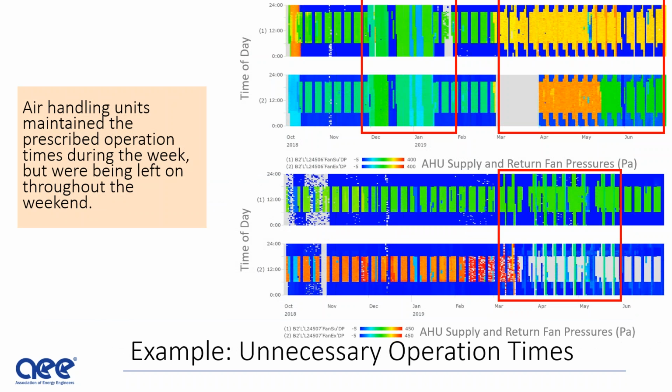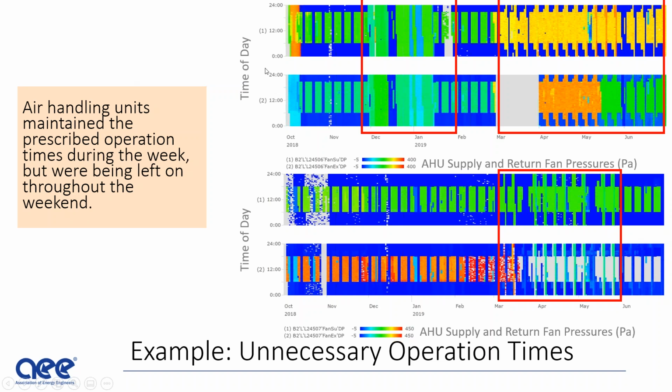In this case here, there's an air handling unit, or a couple of air handling units, and what we see here is a carpet plot, or a heat map, and the way to read it is picture an Outlook calendar, where each column is one full day.